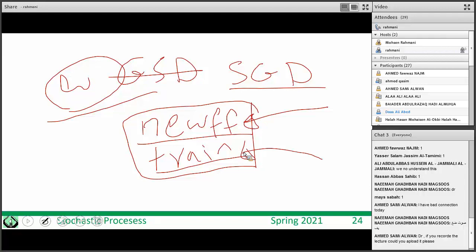Again, what is newff? In newff, I set a structure, or I can say that I guess a function.